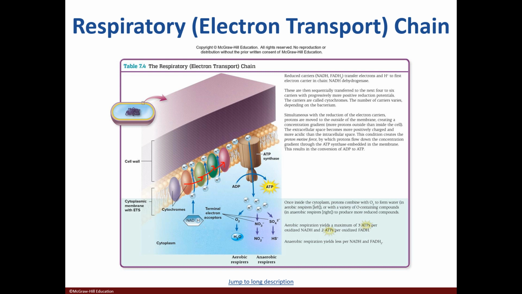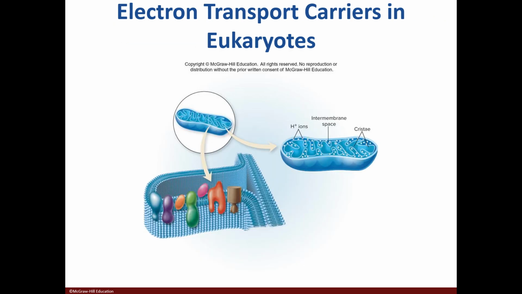Oxygen pulls at the electrons and hydrogen, and water is formed. We also have the bulk of our ATP produced during this stage. In eukaryotes, this takes place in the mitochondria.